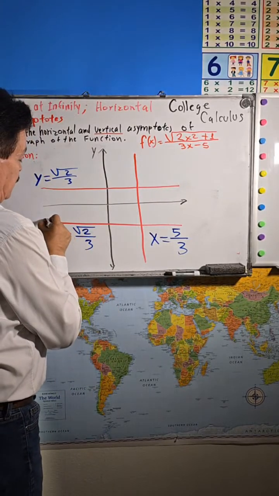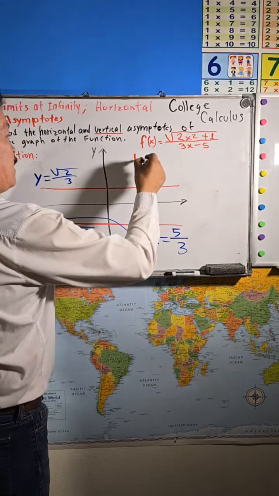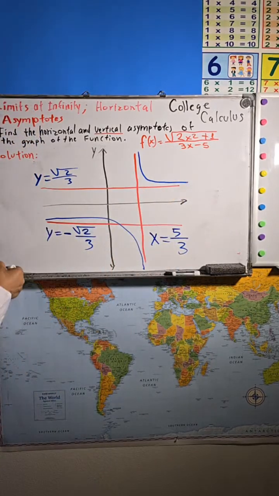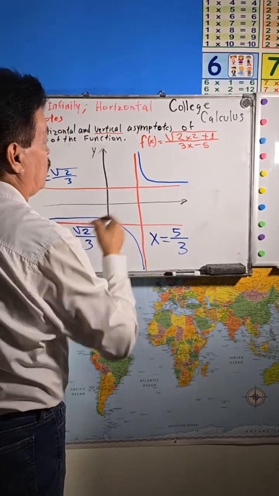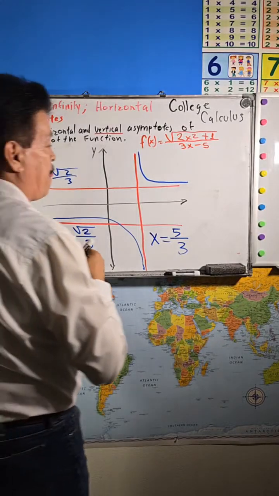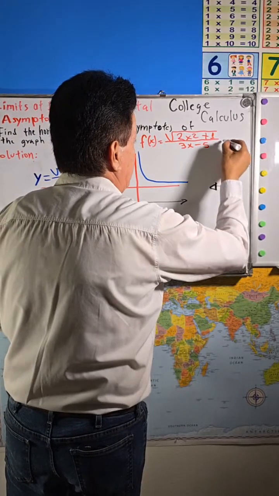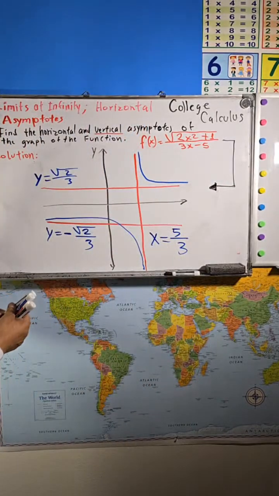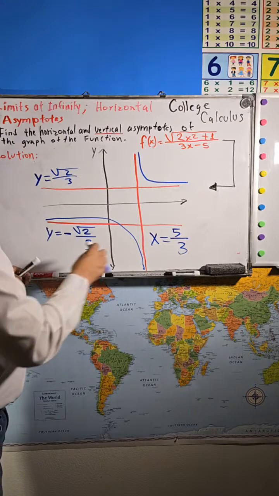Here we see the asymptotes: the vertical one and the two horizontal asymptotes. So this belongs to this problem. If you make the graph, it is like that. So find the horizontal and vertical asymptotes of the function.